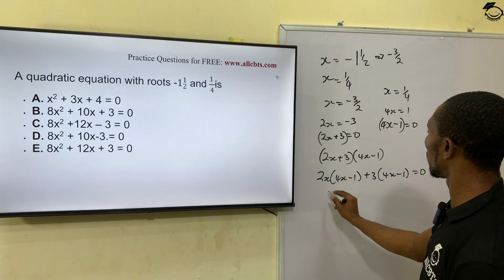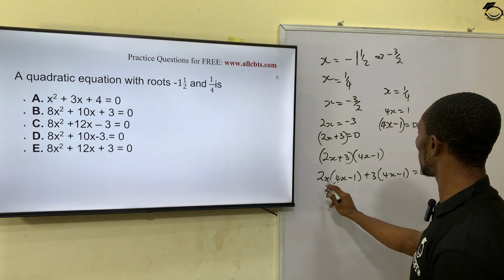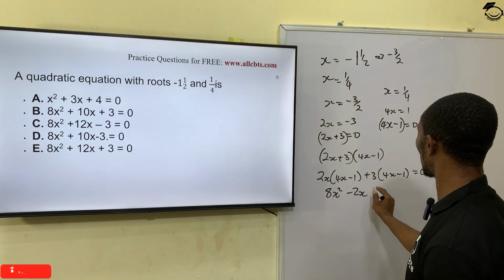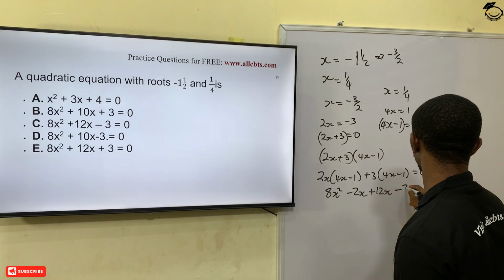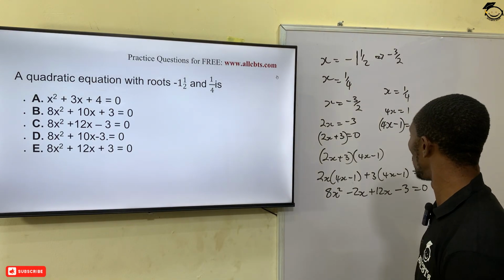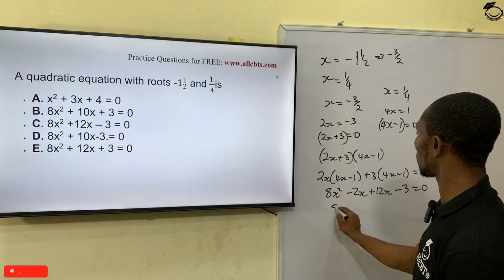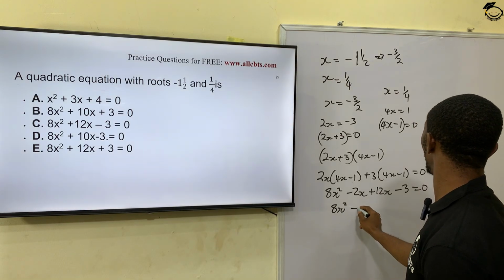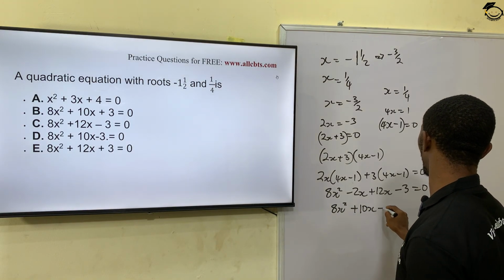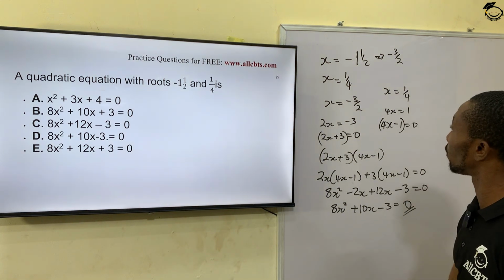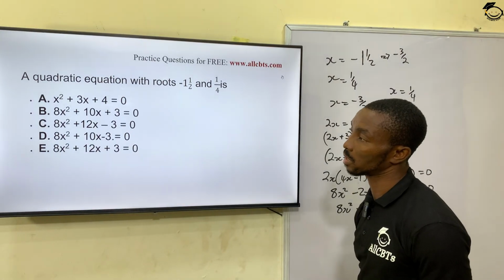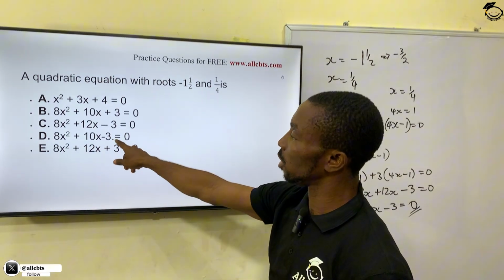Now, 2 times 4 will give us 8x squared minus 2x plus 12x minus 3 equals 0. Now, this will give us 8x squared plus 10x minus 3 equals 0. So this is the equation that gave rise to these roots. So our answer will be option D.